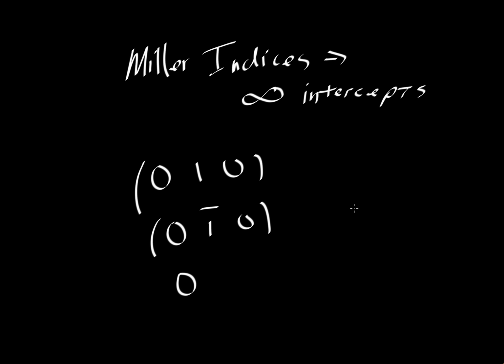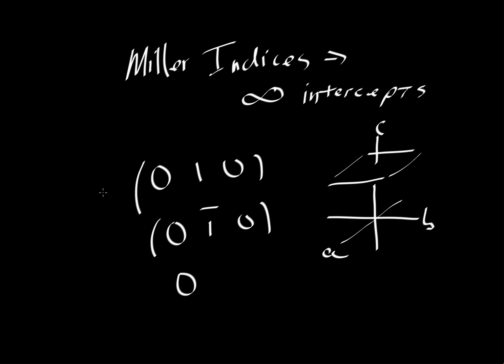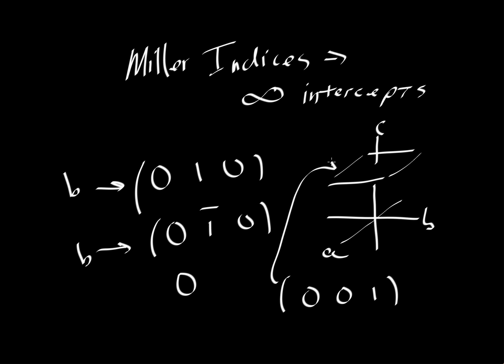Or if it's something that only hits the C axis, so let's say it's the C axis here, A, B, and C. So this would be something that hits B only. Something that hits C only would have values of 0, 0, 1 if it hits it on the positive part of the C. If it's down here and only intersects negative C, then it would be 0, 0, bar 1, etc.